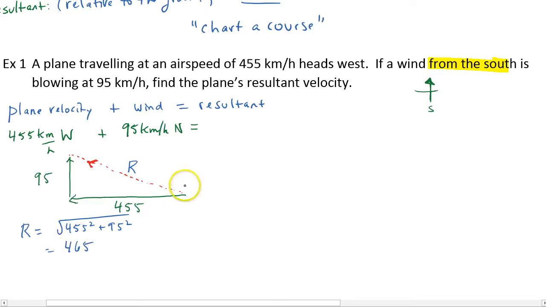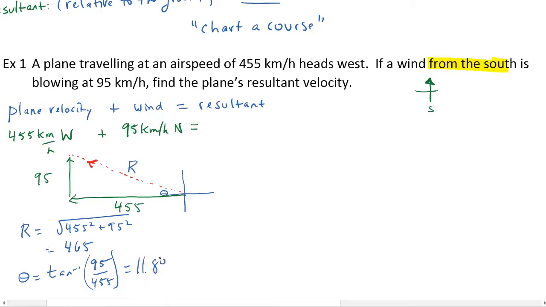I'm going to draw my east-west, north-south grid here and figure out this theta inside that triangle. I have the opposite side and the adjacent side, so often I end up using tan. It's going to be the inverse tan of 95 over 455, and when I punch that into my calculator, I get something like 11.8 degrees.